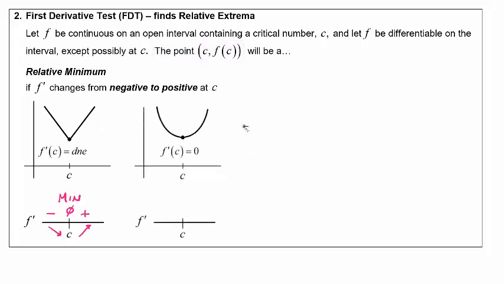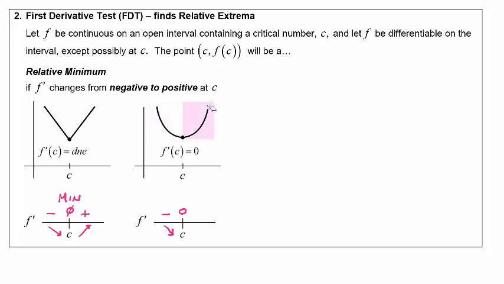Let's look at this graph now. F prime of c is going to be 0 because of the horizontal tangent that would exist there. So on the sign line graph, we note that f prime is 0 at x equals c. To the left of c, the graph is decreasing, so we know that f prime is negative.